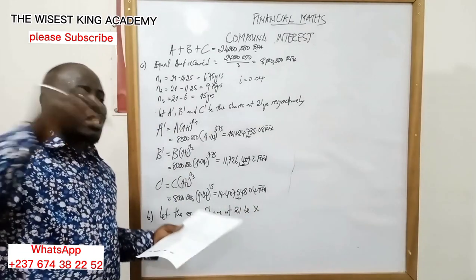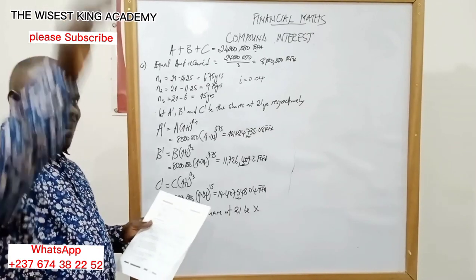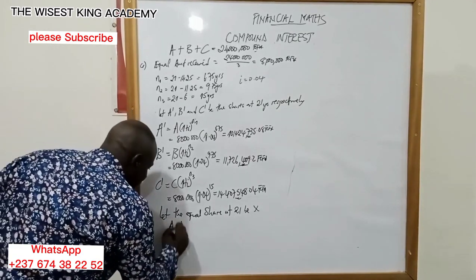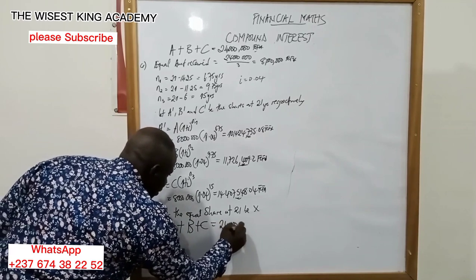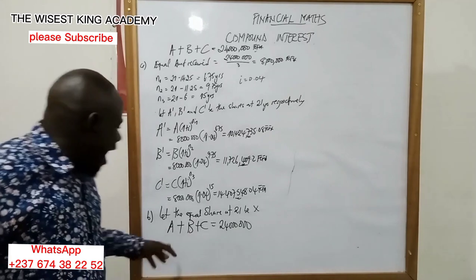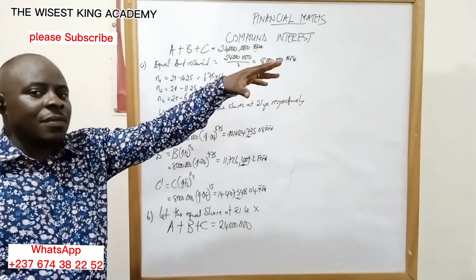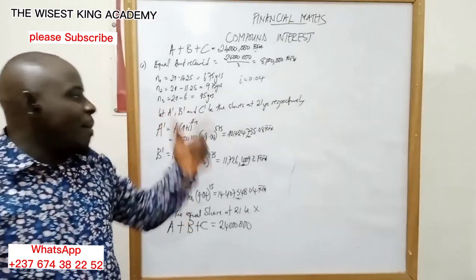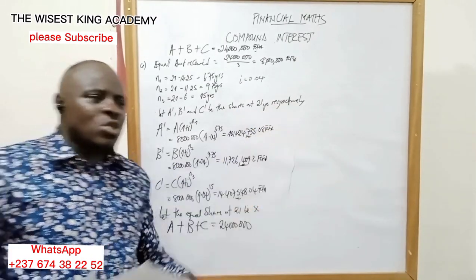Remember what they will receive today. When they invest it, they will have the same amount at 21. So today, the amount they will receive is A, B, and C, which must give 24 million. But now, A received today, when compounded, will give X. B received today, when compounded, will give X. C received today, when compounded, will give X. So what does that mean?